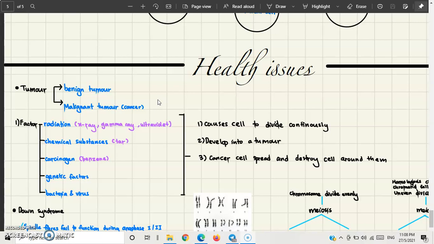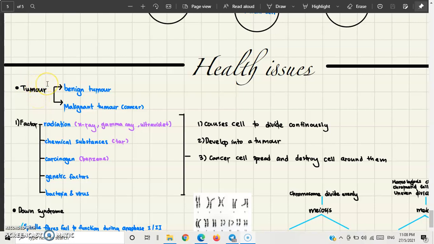However, sometimes uncontrolled cell division occurs that can lead to the formation of a tumor. So how does a tumor form? Because of the uncontrolled cell division.